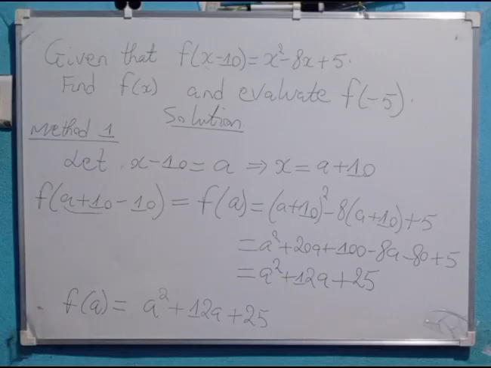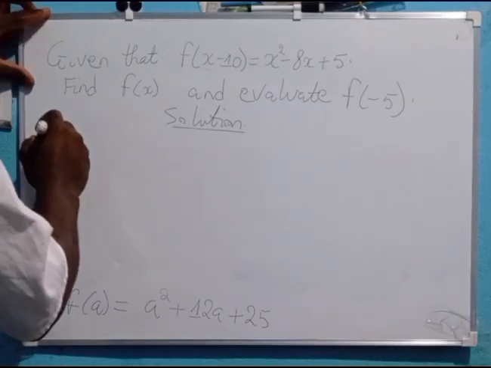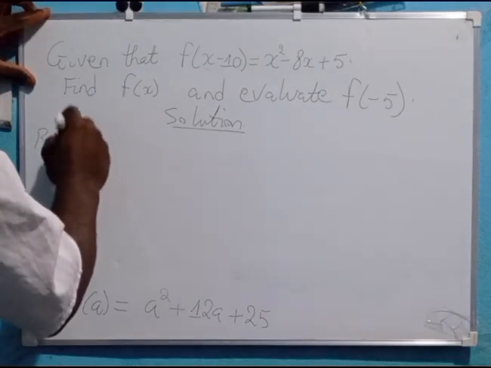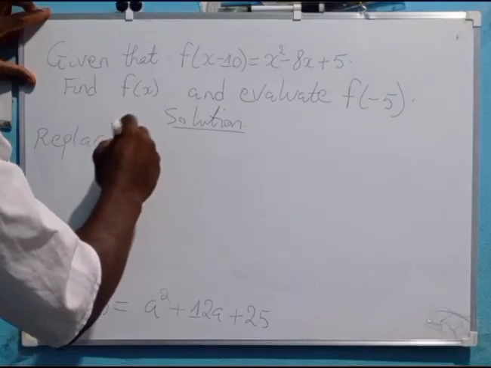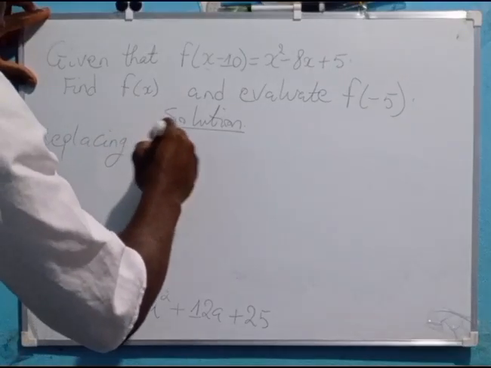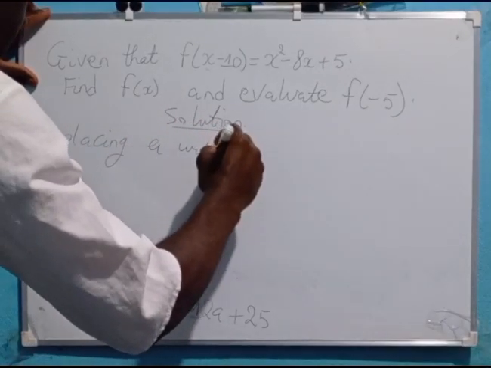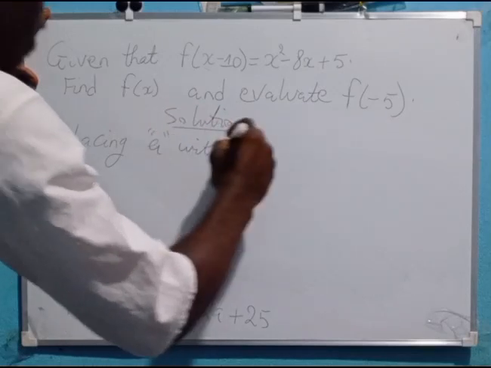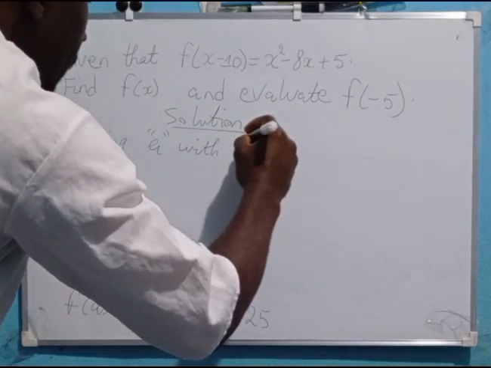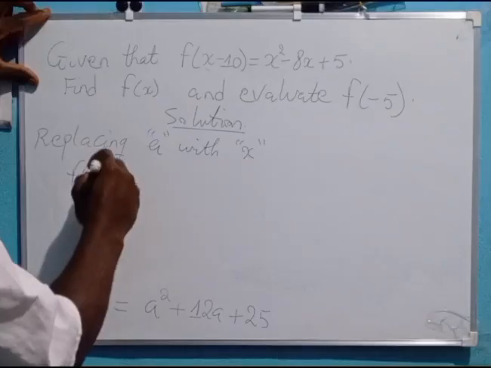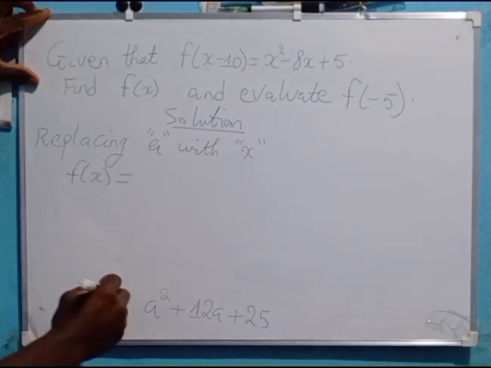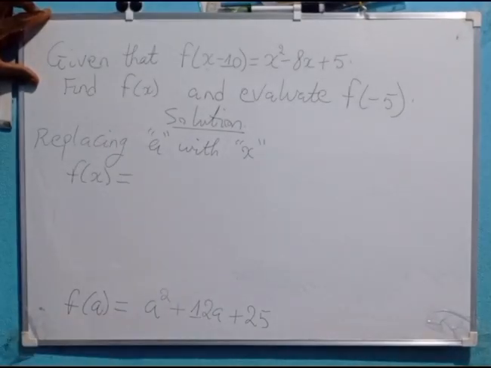We are looking for the function f of x. For us to get f of x, we are simply going to replace the unknown a with x. Replacing a with x, we have f of x to be equal to, anywhere I see a, I'll replace a with x.